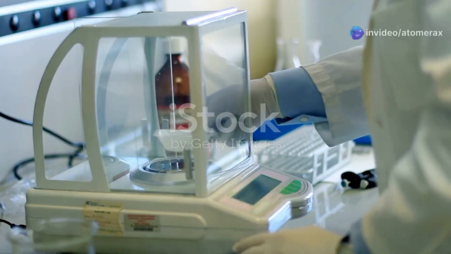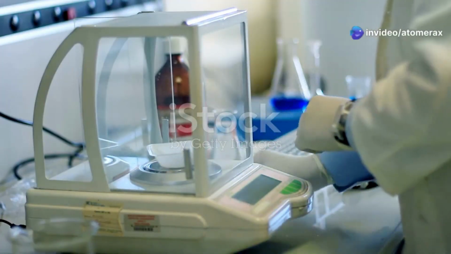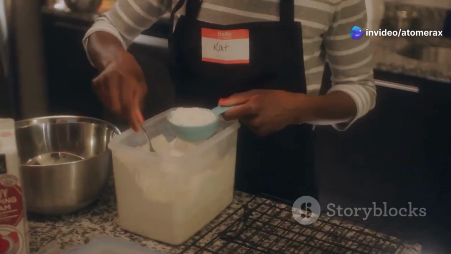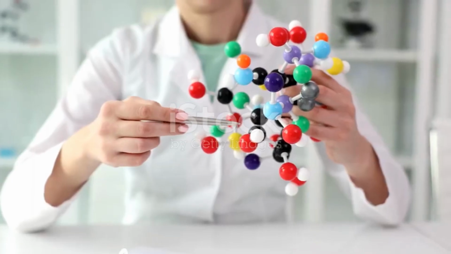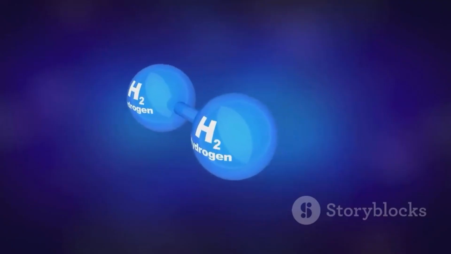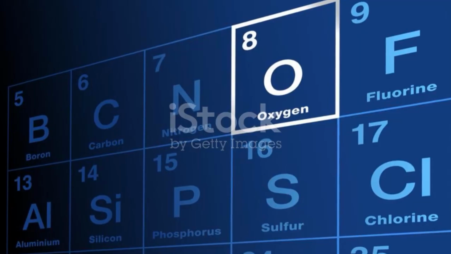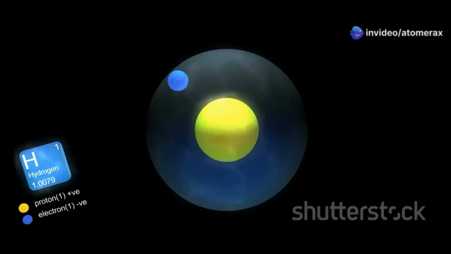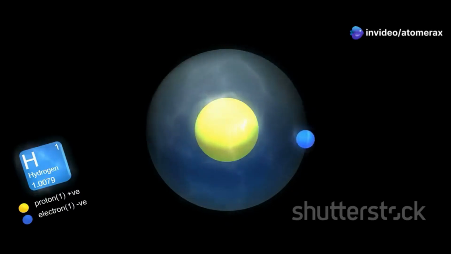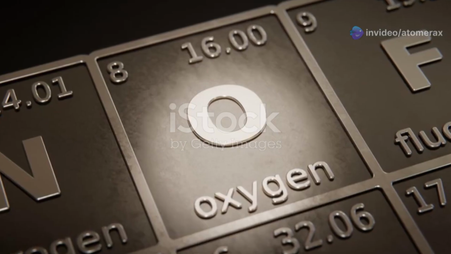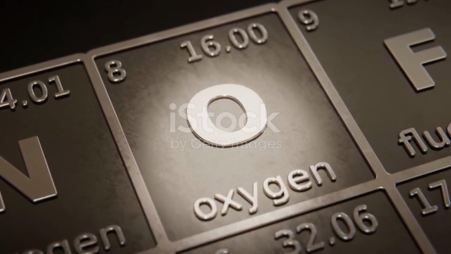Now that we know how many atoms of each element are in our compound and how much each atom weighs, we can figure out how much each element contributes to the total mass. It's like weighing the ingredients for our cake separately. Let's go back to water, H2O. We know it has 2 hydrogen atoms, 2×H, and 1 oxygen atom, O. We also know the atomic mass of hydrogen is about 1.008 atomic mass units, and oxygen is about 16.00 atomic mass units.